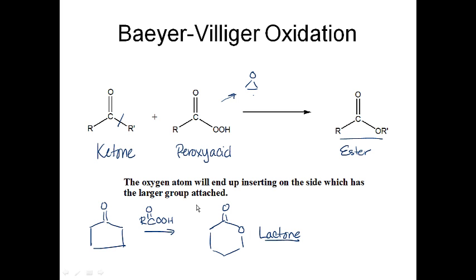And you may say, well, couldn't you just do Fischer esterification? And the answer is yes, but we'll talk about that in a few days when we talk about our esters as carboxylic acid derivatives.